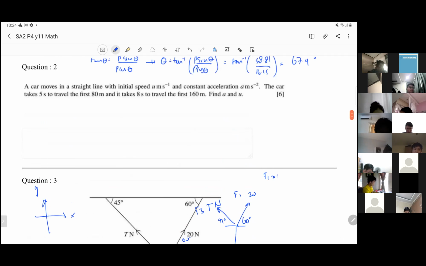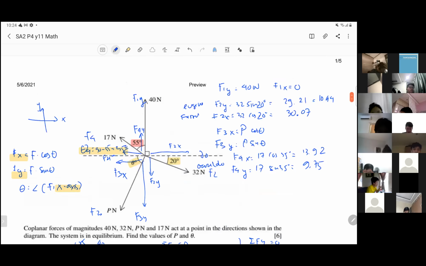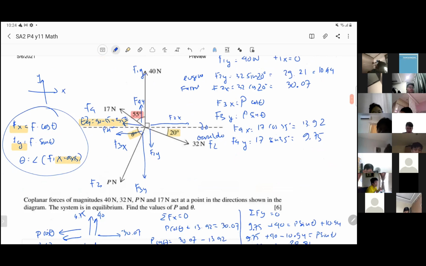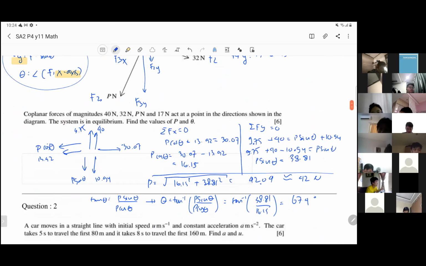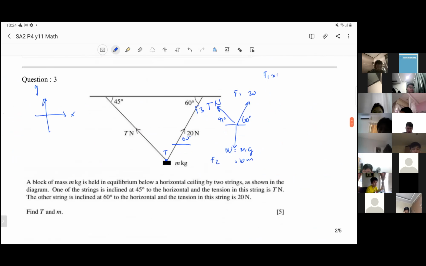Follow the pattern here. 20 cos 60. 20 cos 60, and give me the number. It's Leon. 10. 10.